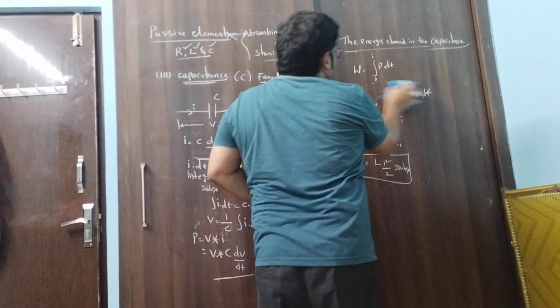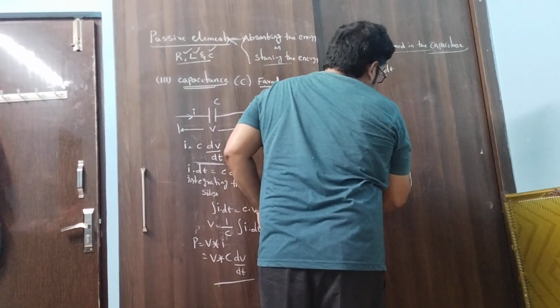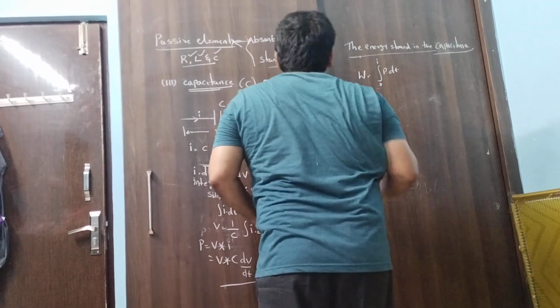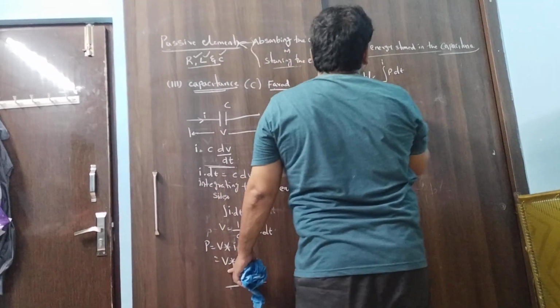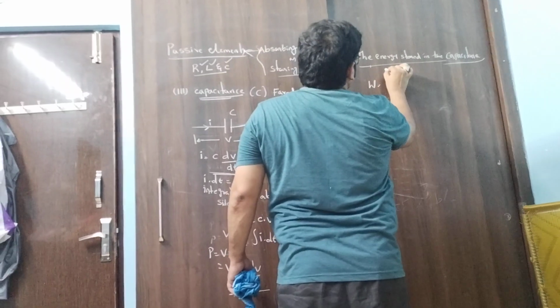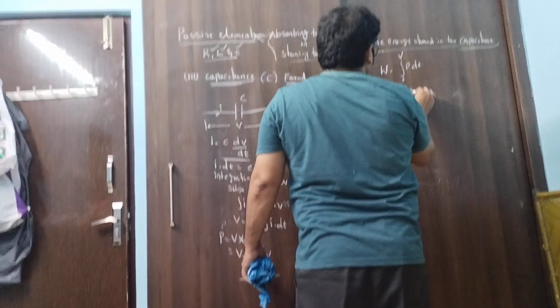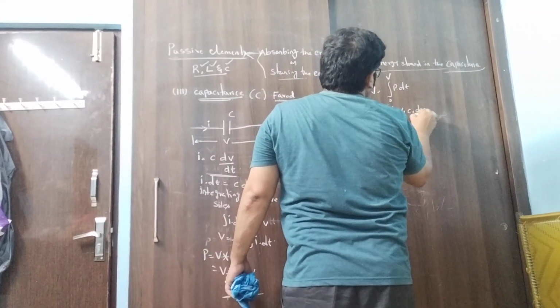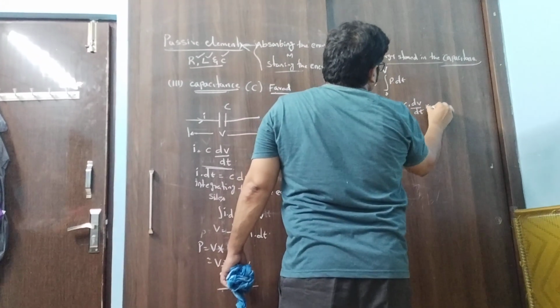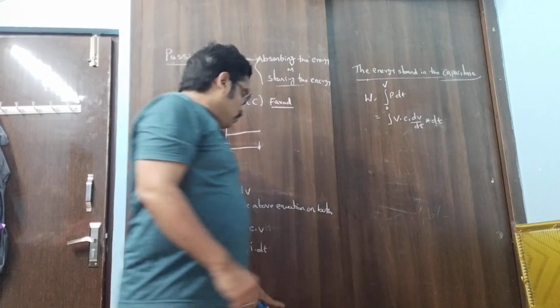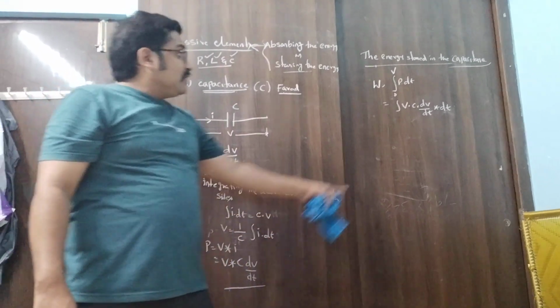How do we find the energy stored in the capacitance? We take the integral from 0 to V of power, V into C dV by dt, multiplied with dt.